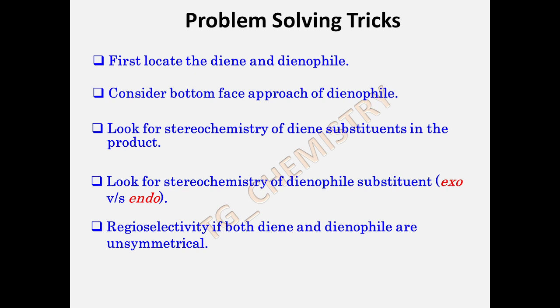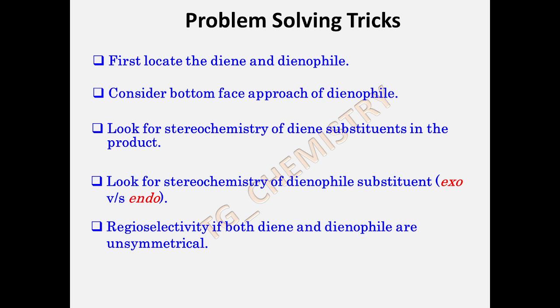The characteristics of a diene I have already mentioned in my first lecture, so you can go there and recollect. Secondly, you have to consider the bottom face approach for the dienophile. That is another important thing. I will come with an example regarding the exo-endo products, so you will see that as well.